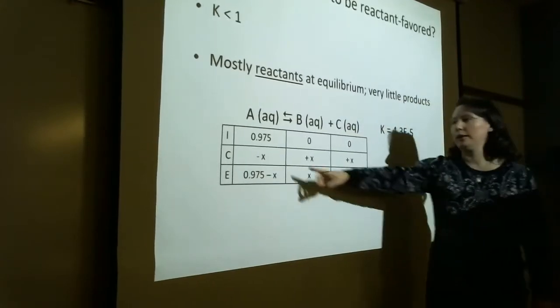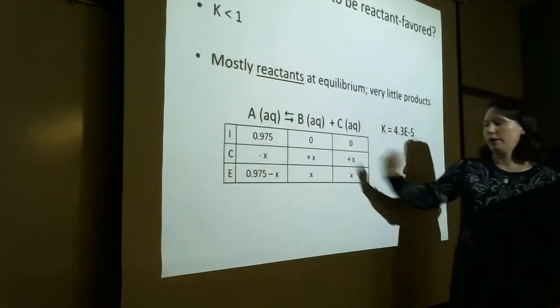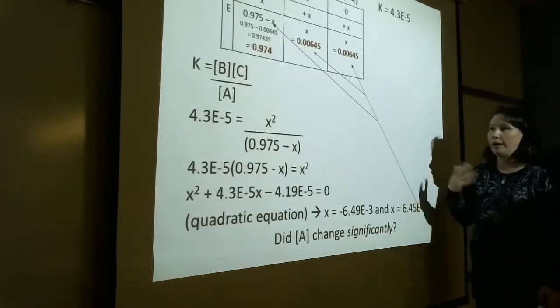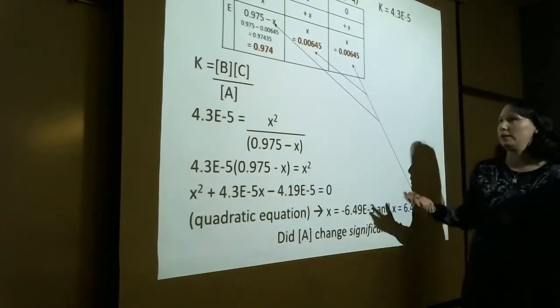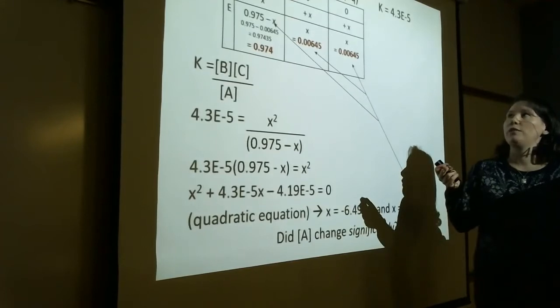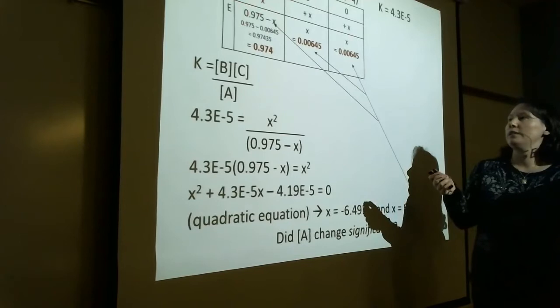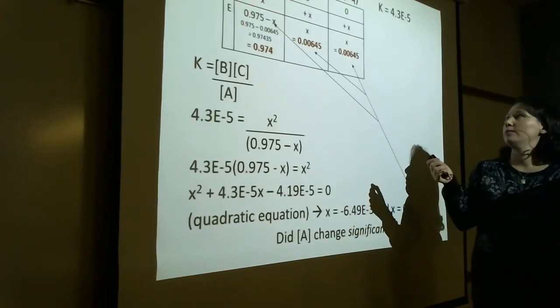We're just assuming we're beginning with a 0.975 molar concentration here, and we don't know anything about the products. So this is the method that we used last week.